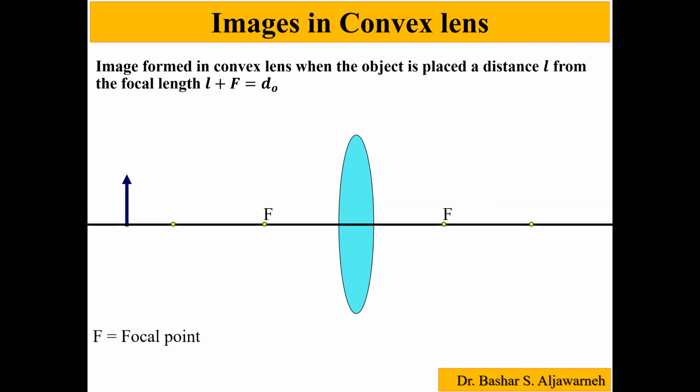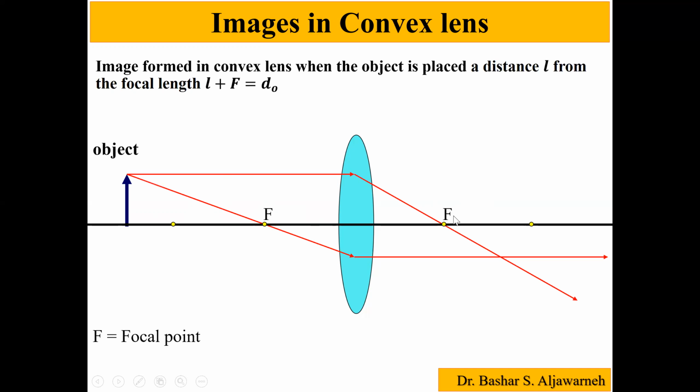At the beginning, we have to take a parallel light, as you can see here. This light should be parallel to the main axis, and the refracted ray should pass through the focal point. Take another light, as you can see here, passing through the focal point, and look at where the refracted ray crosses with this ray.